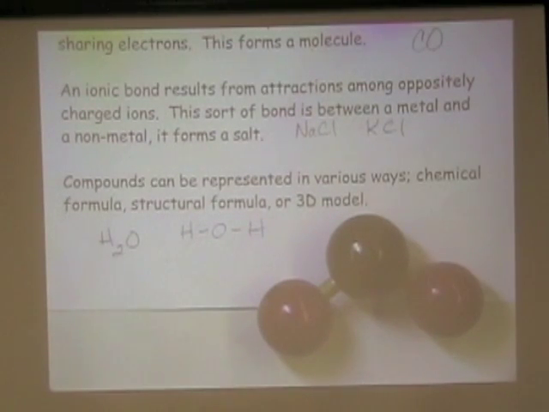So it can tell us how many and what kind of atoms we've got. It also shows us the same kind of information that a structural formula does, in that it tells us how they're connected to each other. But it also goes one step further, and it shows us an overall shape of the molecule or of the compound.